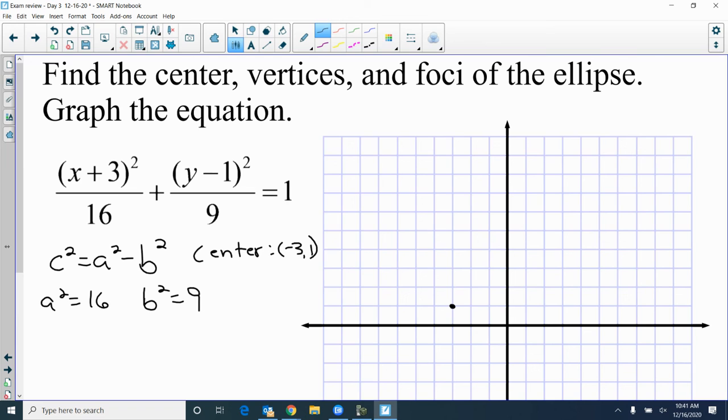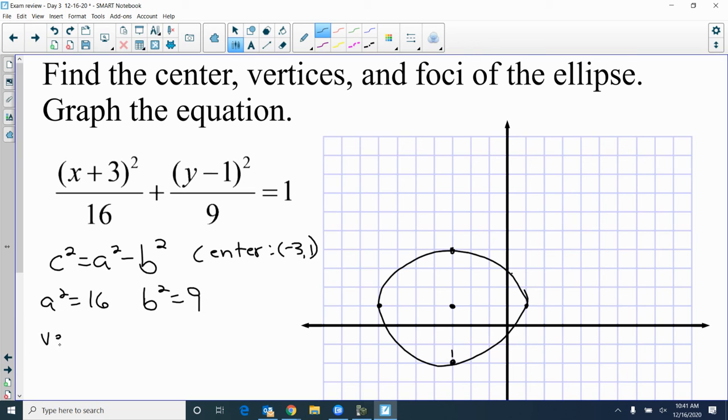Whatever's underneath the x tells you how far to move left or right. The square root, which would be 4. I go right 4. B squared is 9, so b is 3. So I go up 3, I go down 3. And there's my ellipse.